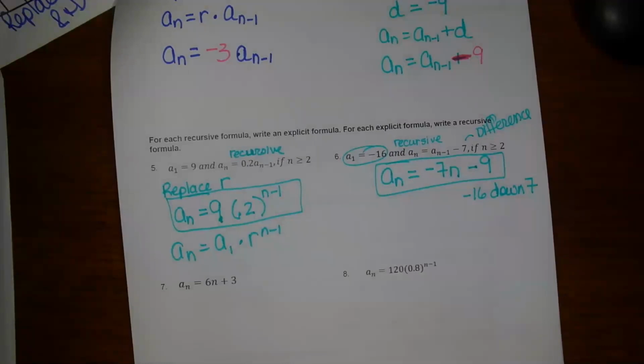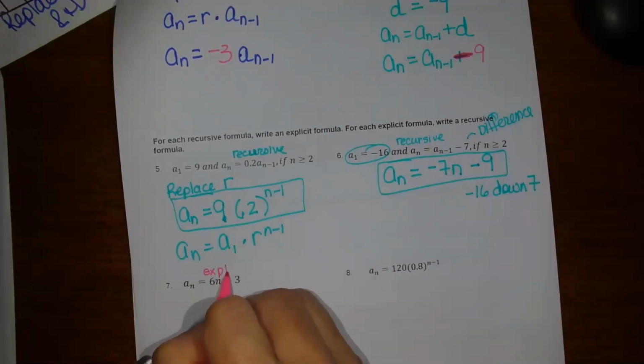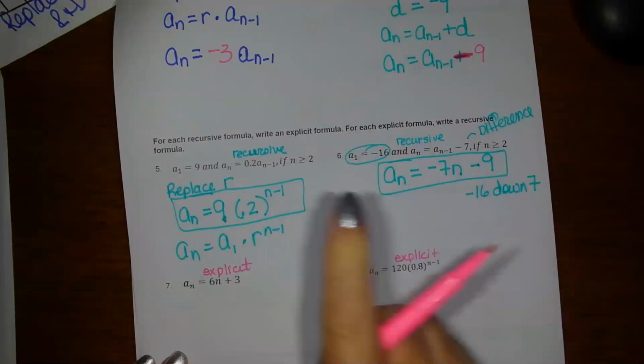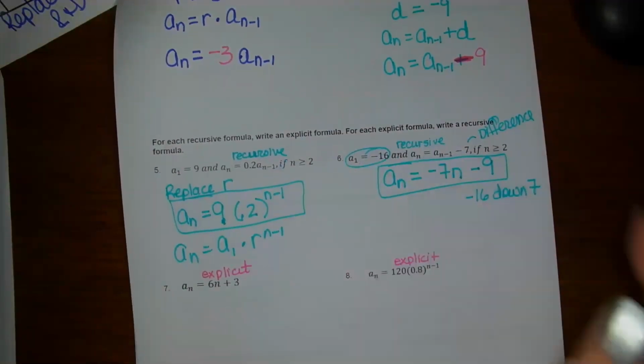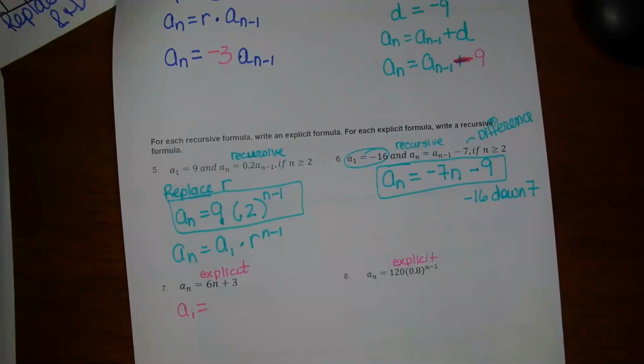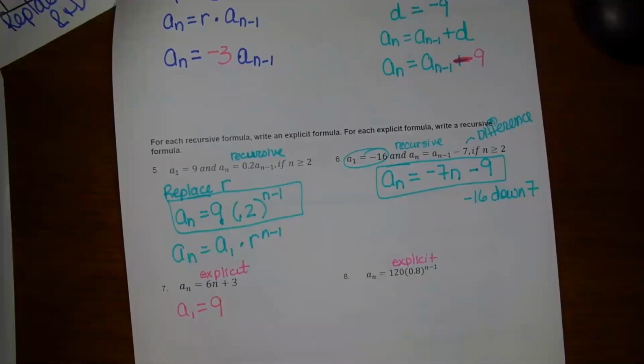This time, we've been given an explicit formula. So now it says, if we're given explicit, write it as recursive. So A1 here, remember for recursive, we have to know A1. So I'm going to plug 1 in there. A1, if I plug 1 in here, 6 times 1 is 6 plus 3 is 9.